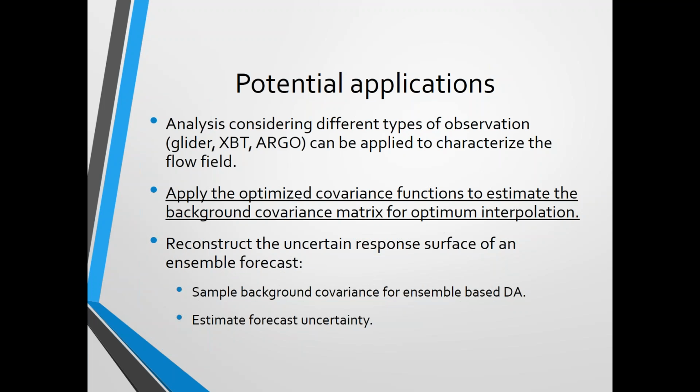Another application is to use Gaussian process regression to reconstruct the uncertain response surface of an ensemble forecast.